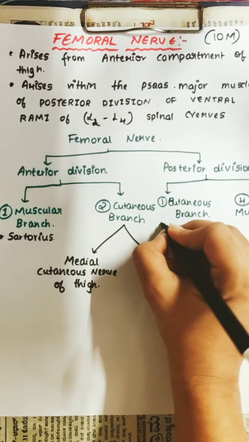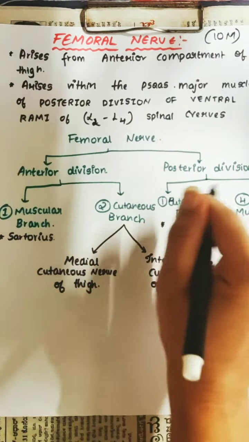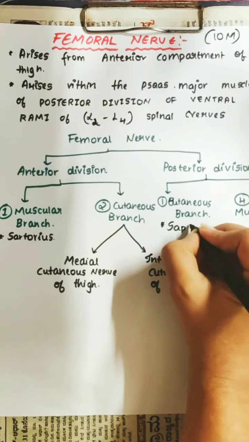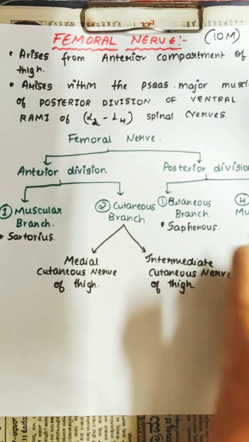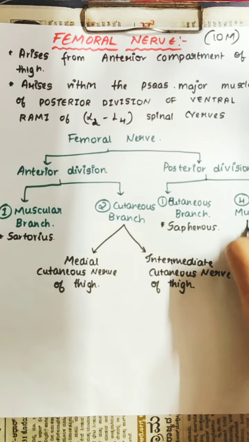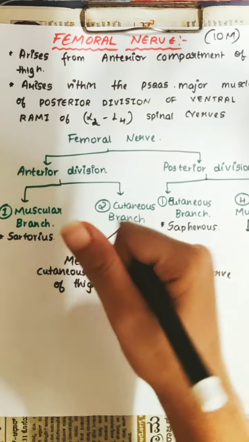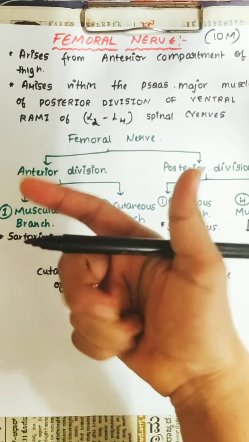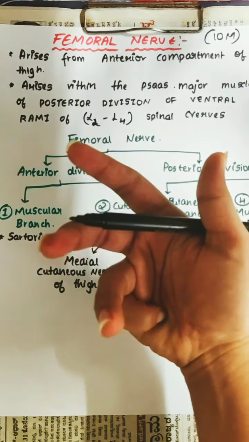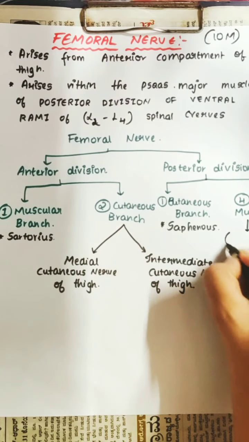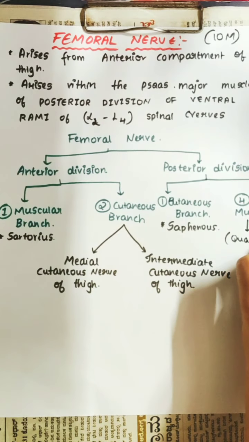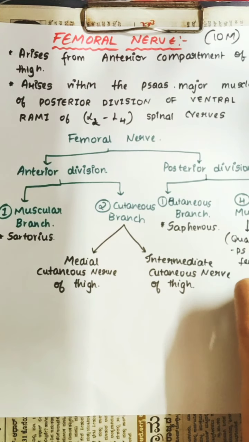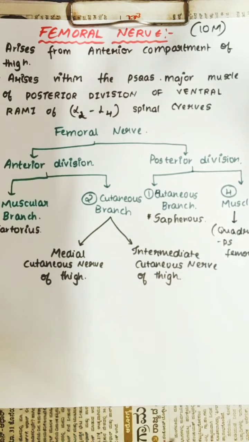The one cutaneous branch is the saphenous nerve, and the four muscles are of quadriceps femoris. You know all those: rectus femoris, vastus lateralis, vastus medialis, and vastus intermedius muscle. So the four muscles are of the quadriceps femoris.